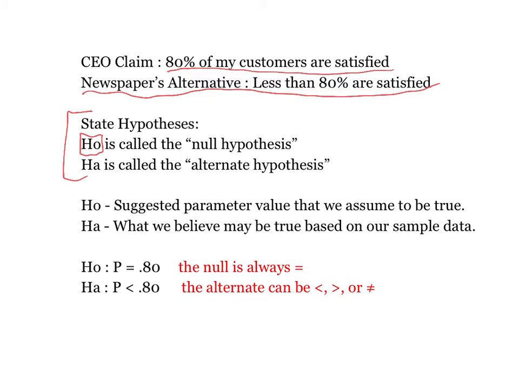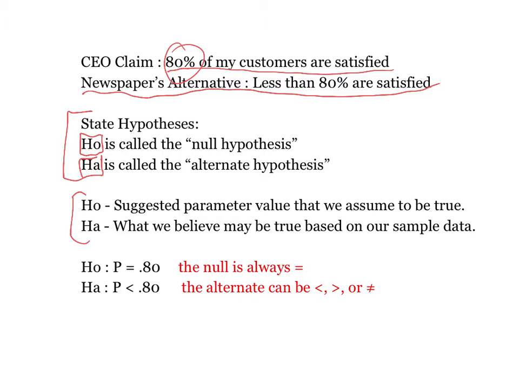That's what we think is true, all right? In this case, that's the 80% statement that the CEO made. The alternate hypothesis, denoted as capital H with a subscript A, that's called the alternate hypothesis, okay? And that's like what the newspaper is trying to show, that the newspaper thinks it's less than 80% that are satisfied. So to start a hypothesis test, you need to list out these hypotheses.